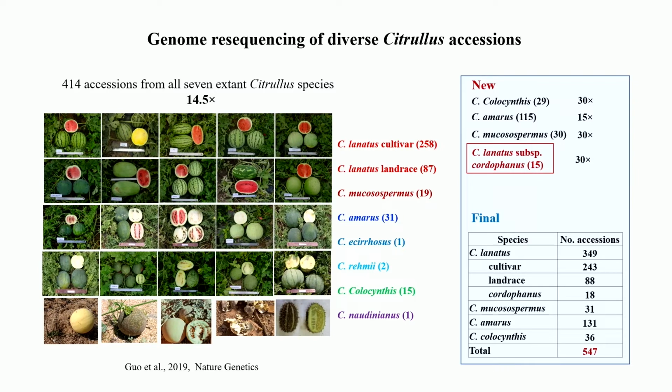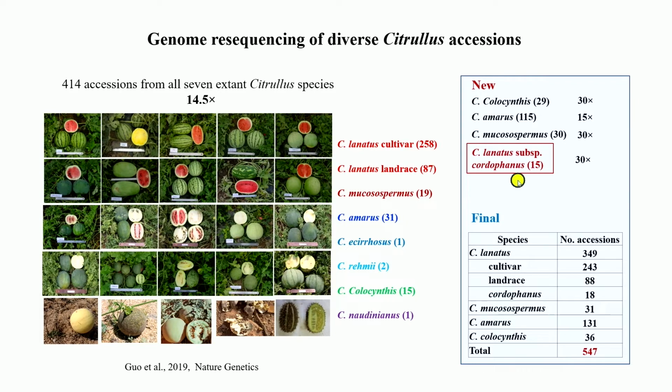Previously we had very few, only 2 or 3 accessions belonging to this direct progenitor. Now with these 15 newly sequenced Phanos, we can revisit watermelon domestication, which I will talk about in the next few slides.